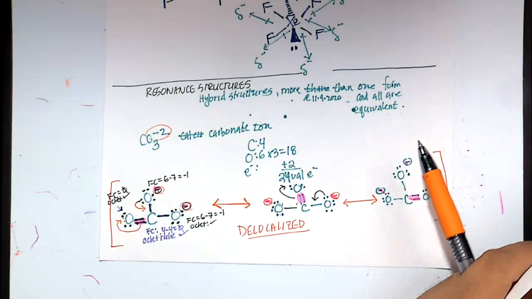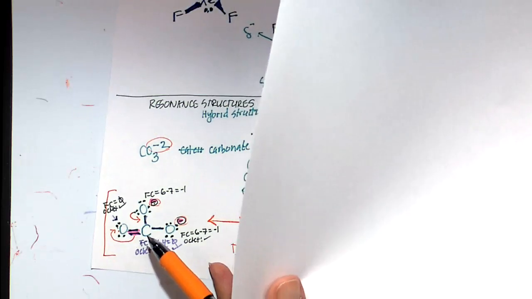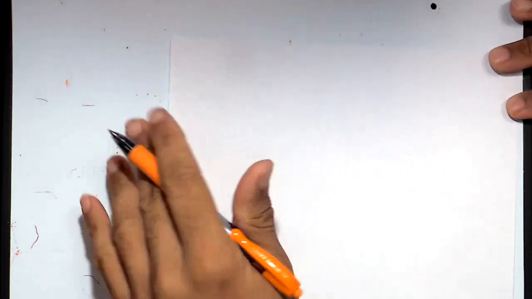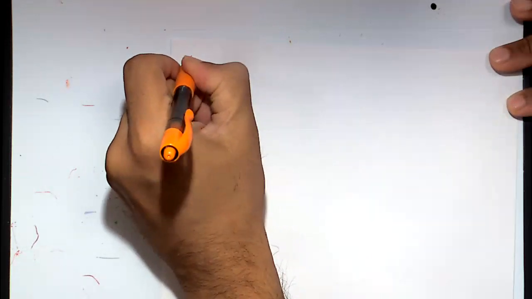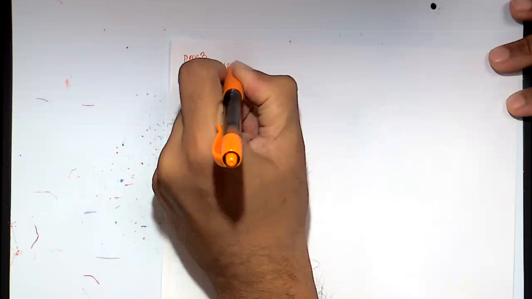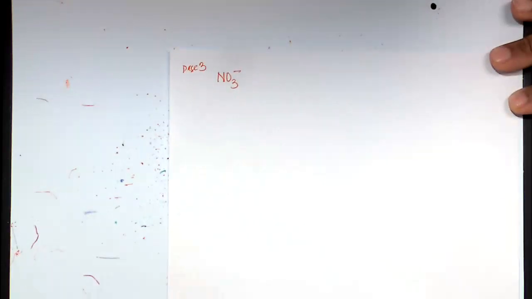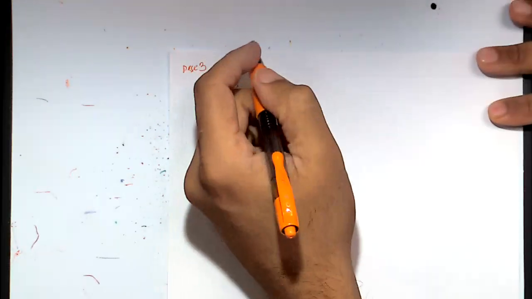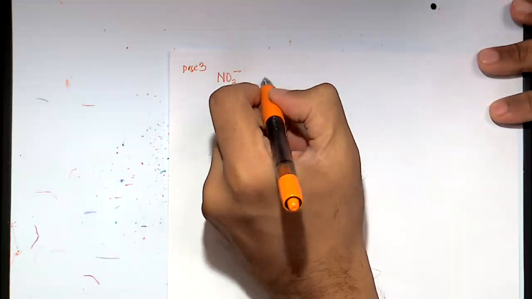All right. Let's do another example of resonance. How about nitrate? Remember from your flashcards the nitrate ion? These nitrates are found in a lot of food additives.